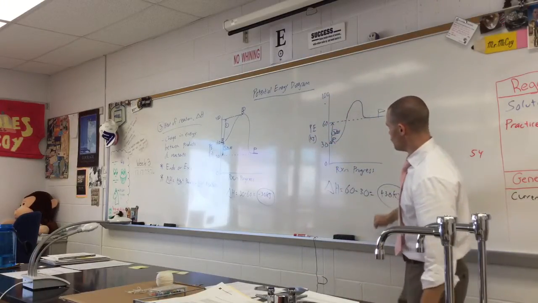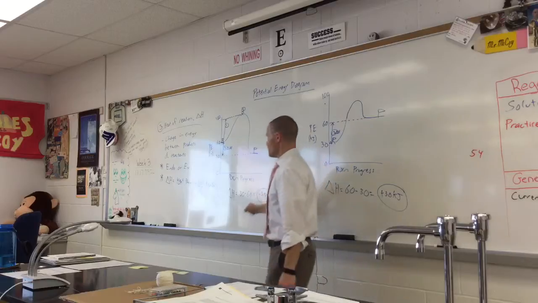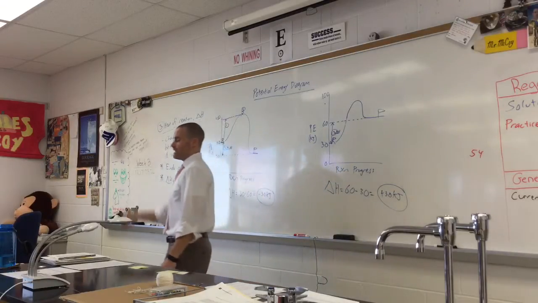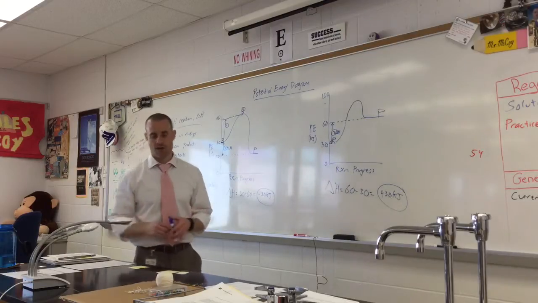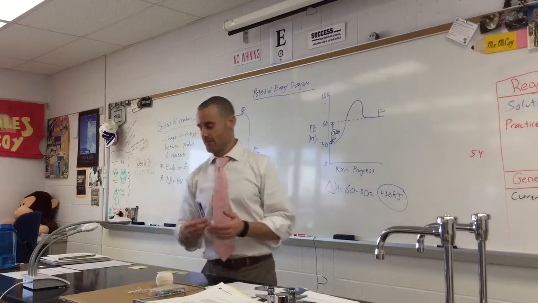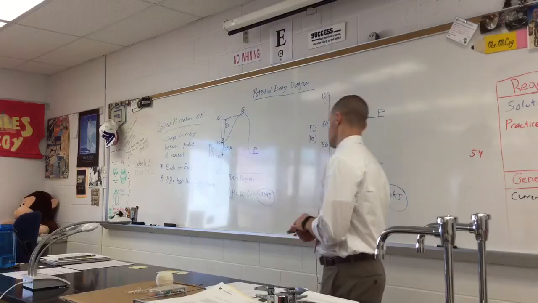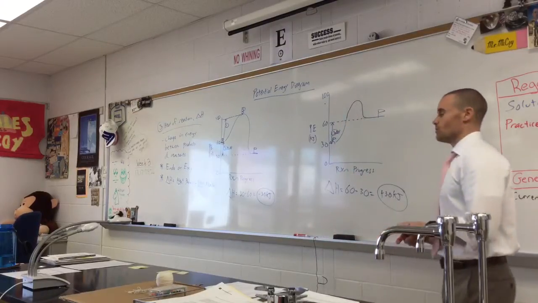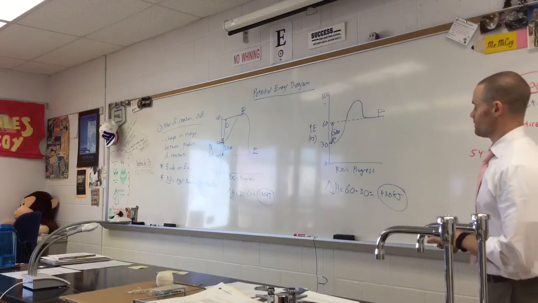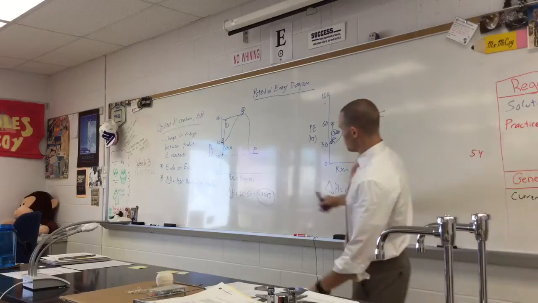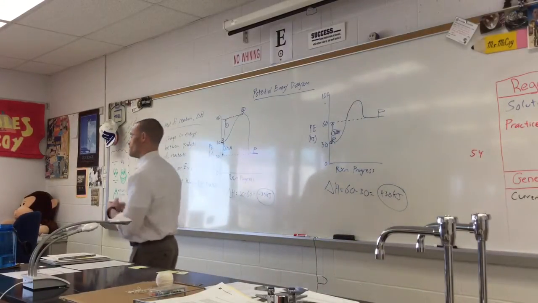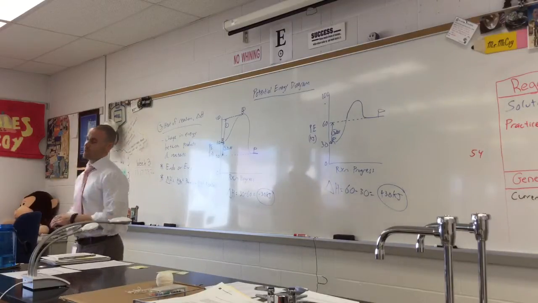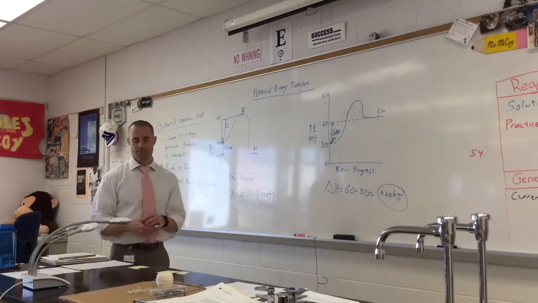You get a value for delta H. Table I gives you a little hint as to which one is endo, which one's exo, in case you forget. So we'll give Jenny another little bit here, but the rest of you should be figuring this out in your head. Based on the value of delta H, you should be able to tell me from something we learned early in the year, which one is exo, which one is endo. If you forget, that's why we're doing it right now. So that's okay.